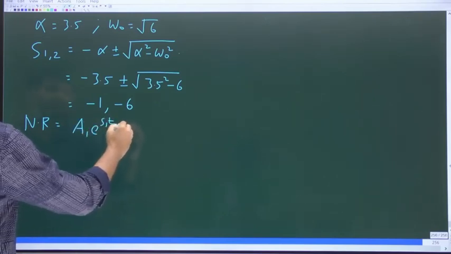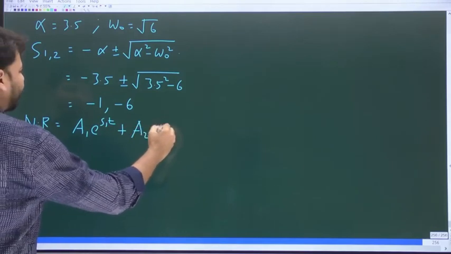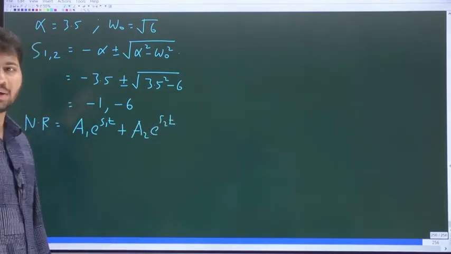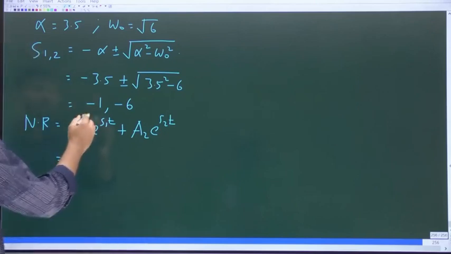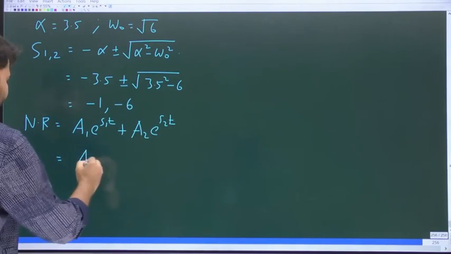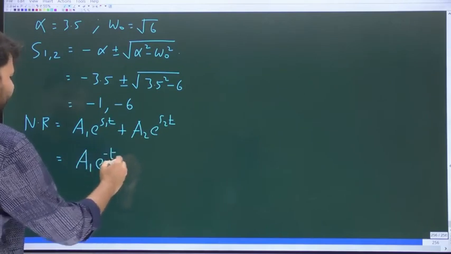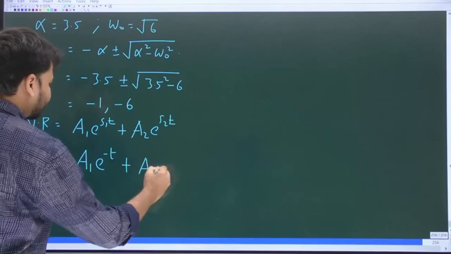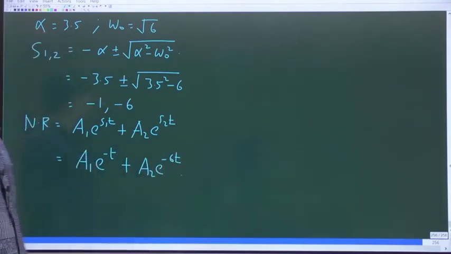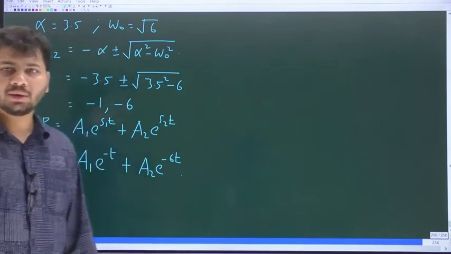In case of overdamped, it is of the form A1 e power S1t plus A2 e power S2t. Now in place of S1 you write minus 1, in place of S2 you write minus 6. So won't you get A1 e power minus t plus A2 e power minus 6t? Yes, this is the natural response.